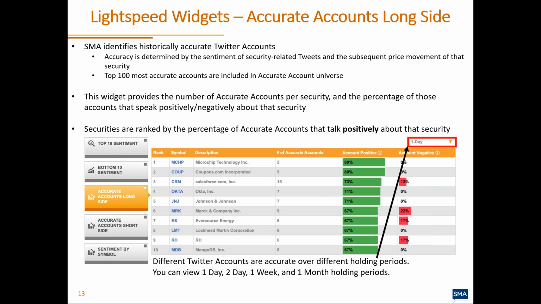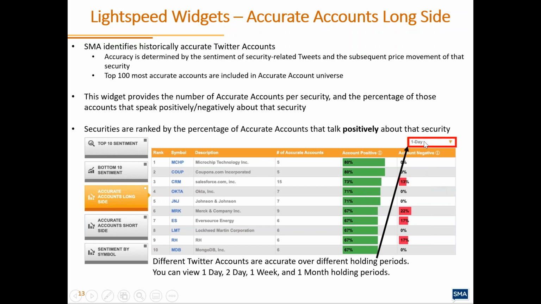These are the guys that have statistically shown they're better than the average bear. For example, if we're looking at Salesforce, number 3, there are 15 of these accurate accounts currently talking about Salesforce. 73% of those accounts are positive on Salesforce, 13% are negative, and the rest are neutral.